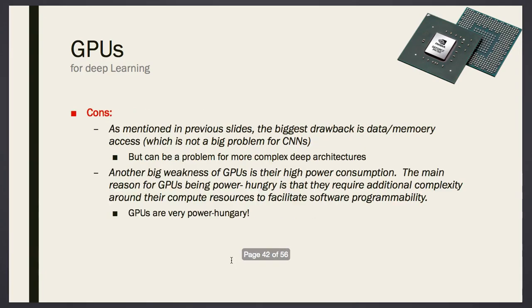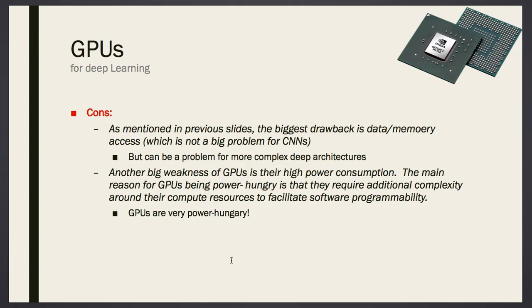Okay, I think maybe we should finally talk about the disadvantages of using GPUs for deep learning. Well, the biggest drawback is the memory access. The memory access in a GPU has to be limited and confined. For CNNs, this is not a big problem. But for more complex deep architectures, which are not simple serial networks, this can become a problem.